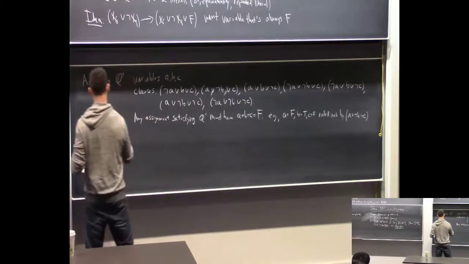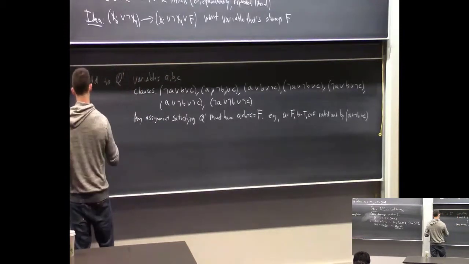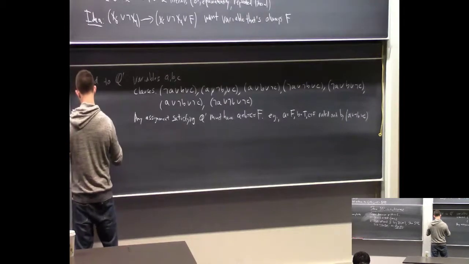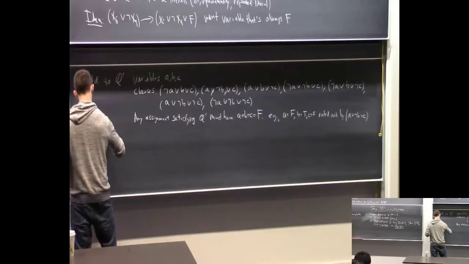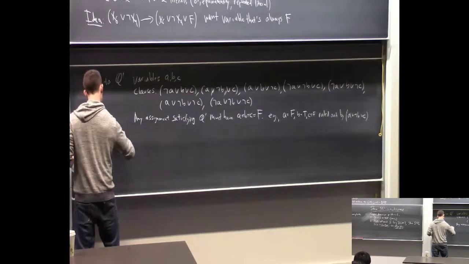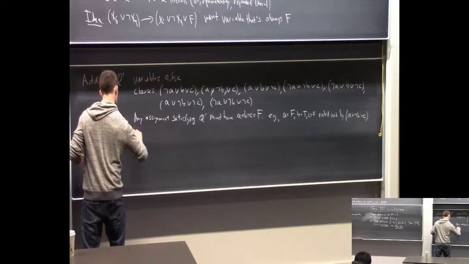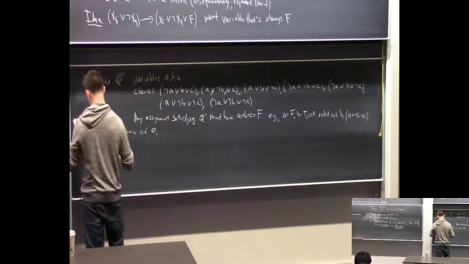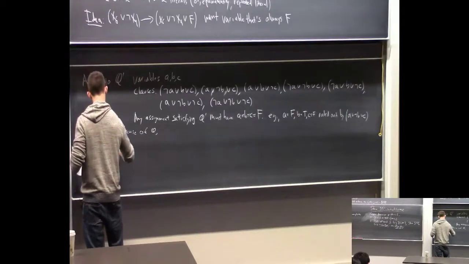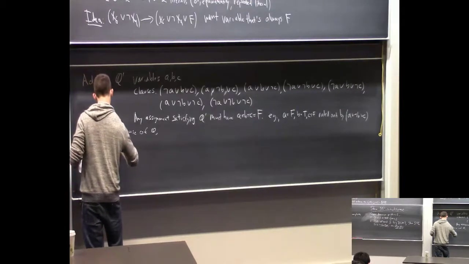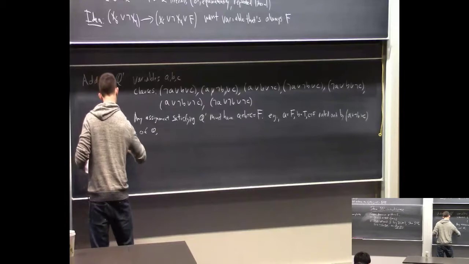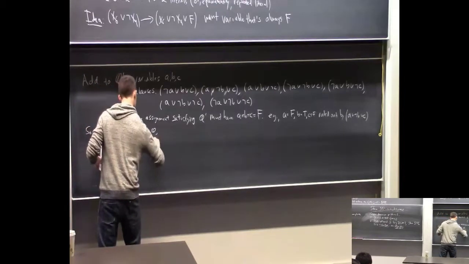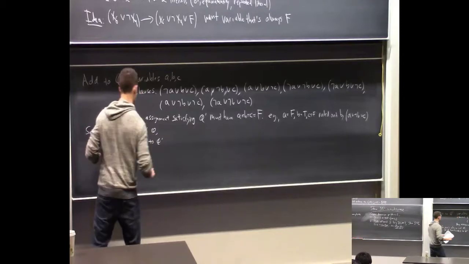Okay, so I guess we can state this on the board. So we're going to say that for each clause of phi, if we have 3 literals, just add it to phi prime.